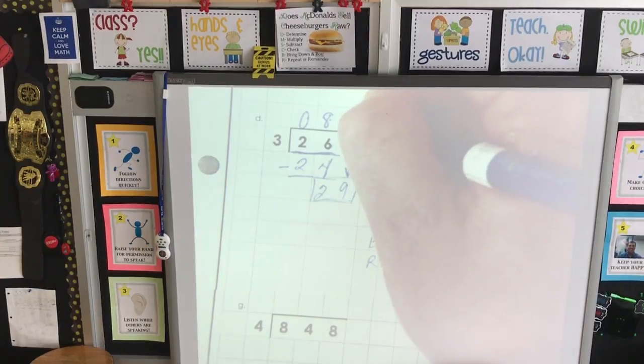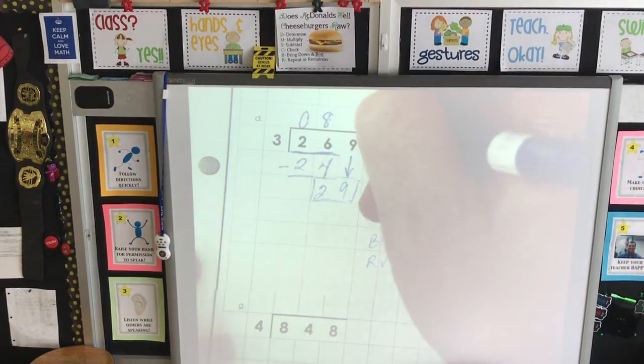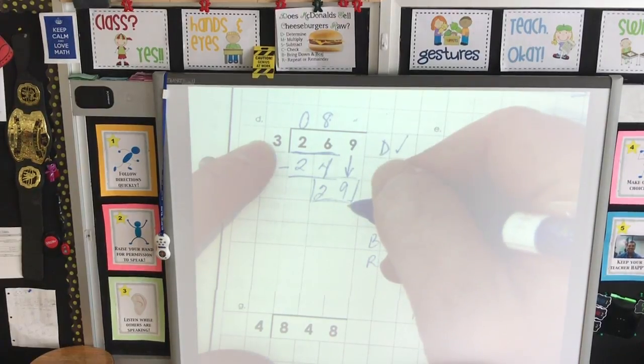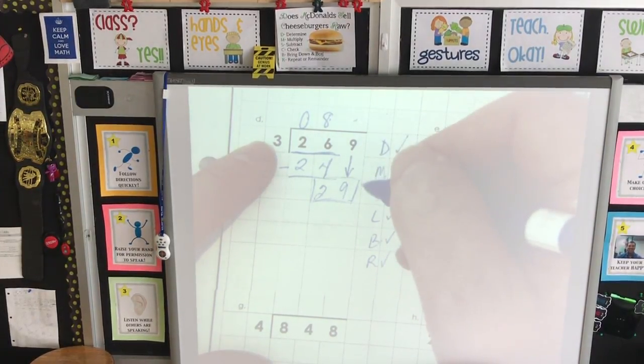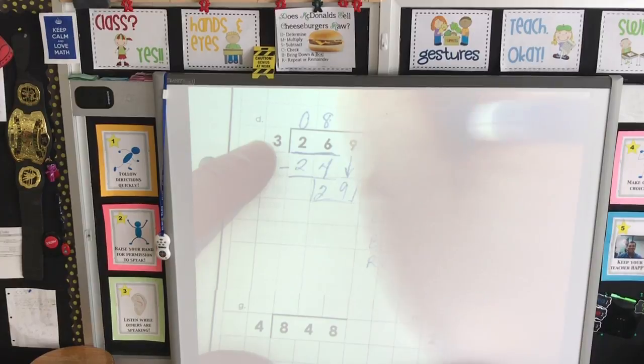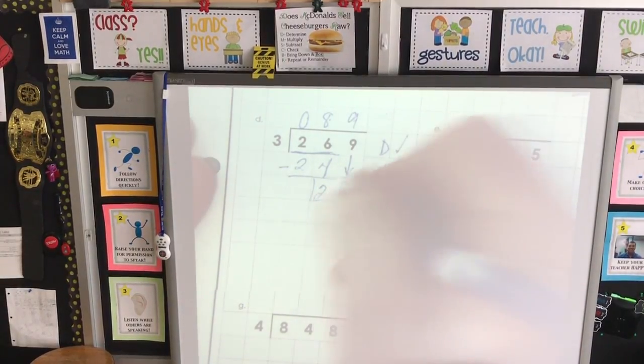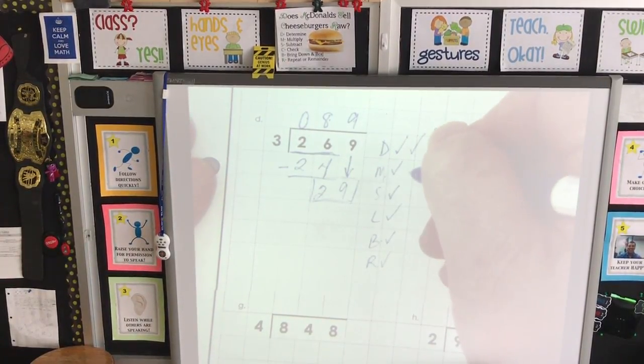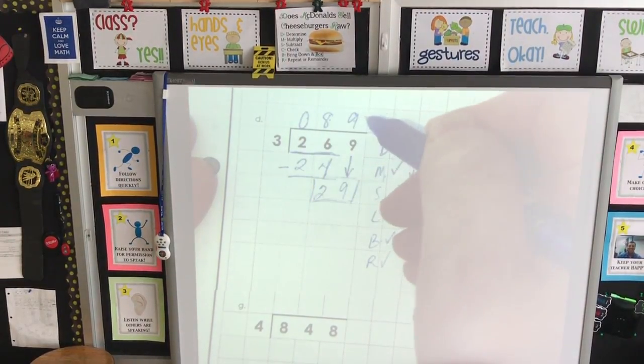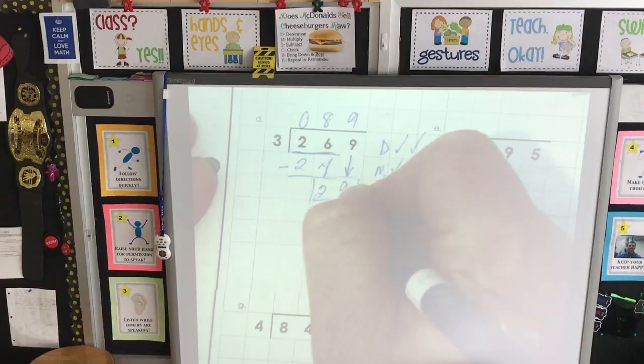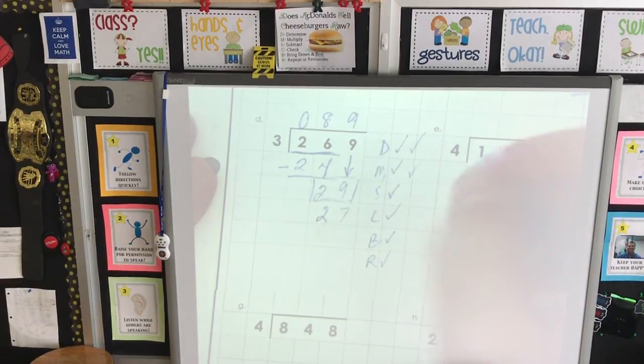What's your number that you're determining, Riley? 9. Because 3 times 9 is 27, and 3 times 10 doesn't make sense for one spot there. All right, let's determine and now multiply. Ready, go. Multiply 3 times 9 equals 27. Good thing you know all your multiplication, huh?